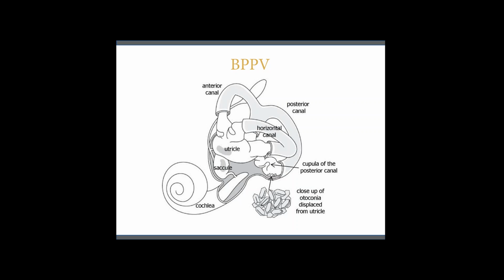Either through head trauma or just normal aging, the otoconia slough off, coming out of the utricle, and you can see them ending up at the bottom right corner, which says close-up of otoconia displaced from the utricle. They end up in the posterior canal, which is where they're not supposed to be. We find that 85 to 90% of BPPV cases are in the posterior canal.